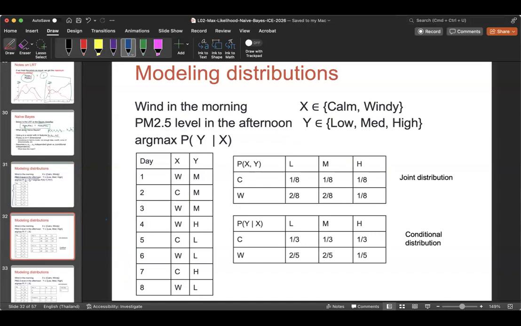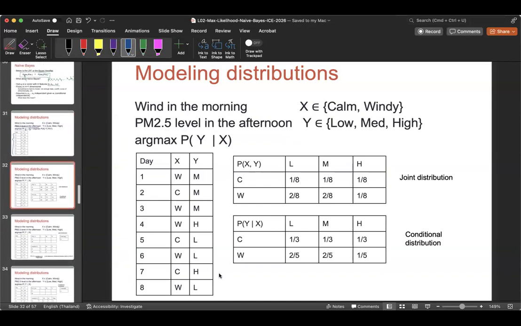I will estimate the probabilities that are related to this input data, P of y given X. In this case, since we have calm and windy, and low, medium, high, it's a two-dimensional table where we just estimate all the probabilities. We're just doing counts.